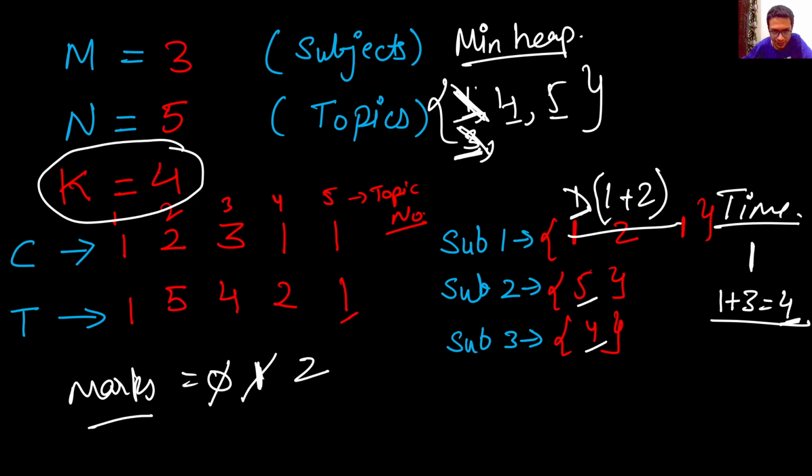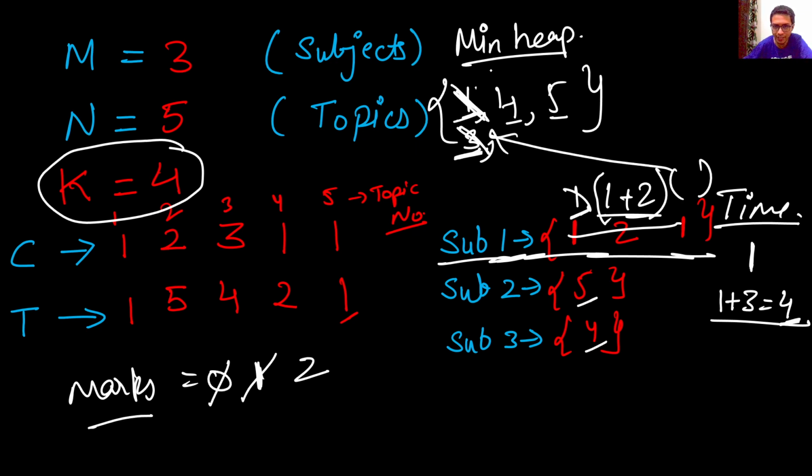After deleting this 3, if we have 2 more elements inside the same array from which this 3 came from, then we would insert this element inside the min heap, right? If not, then we would not insert any element inside this min heap.